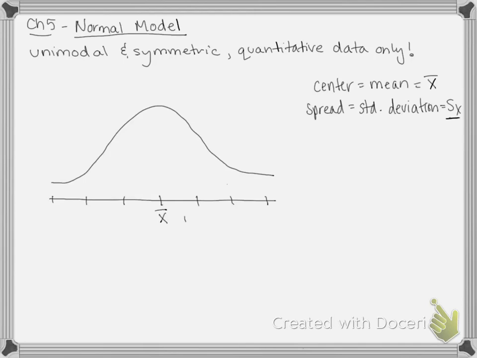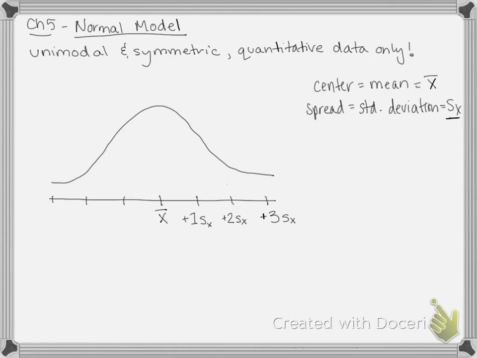So here we go, 1 standard deviation to the right. The second tick mark is exactly 2 standard deviations to the right, and the third is exactly 3 standard deviations to the right. Then we go backwards in the opposite direction.